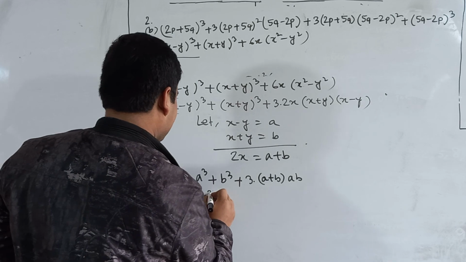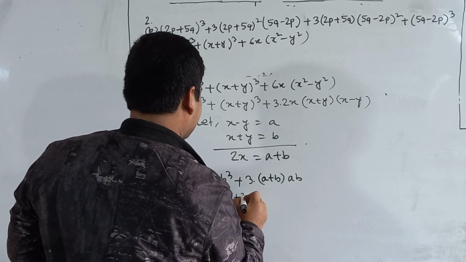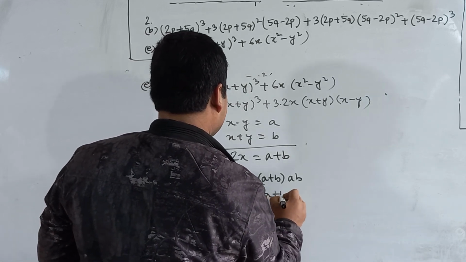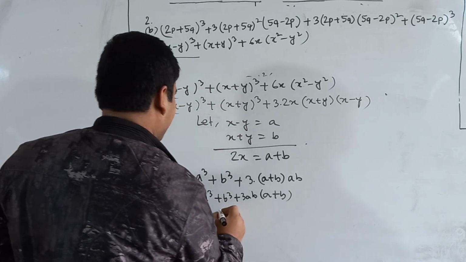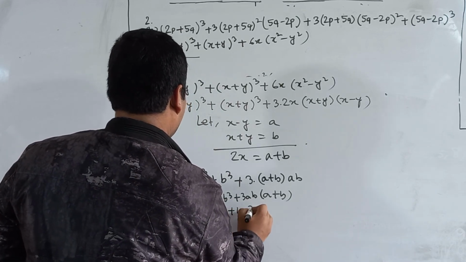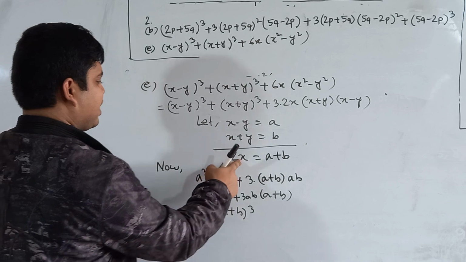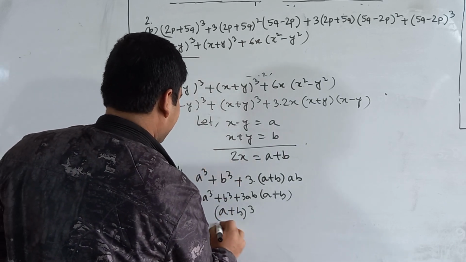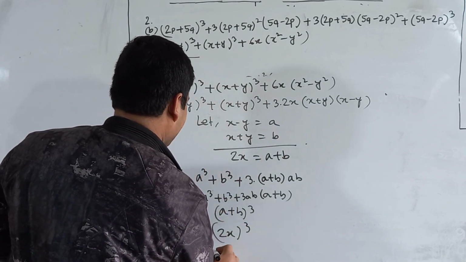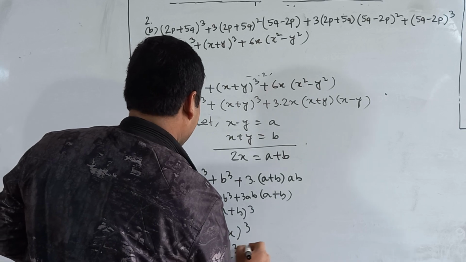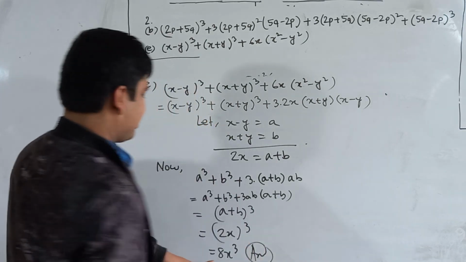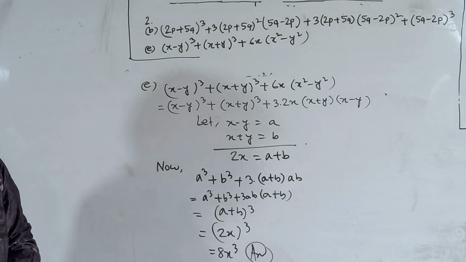So it is written as a³ + b³ + 3ab(a + b). That means it is the formula of (a + b)³, and the value of a + b is 2x. So we write (2x)³. 2³ means 8 and x³ means x³. So 8x³ is the answer of question number E.